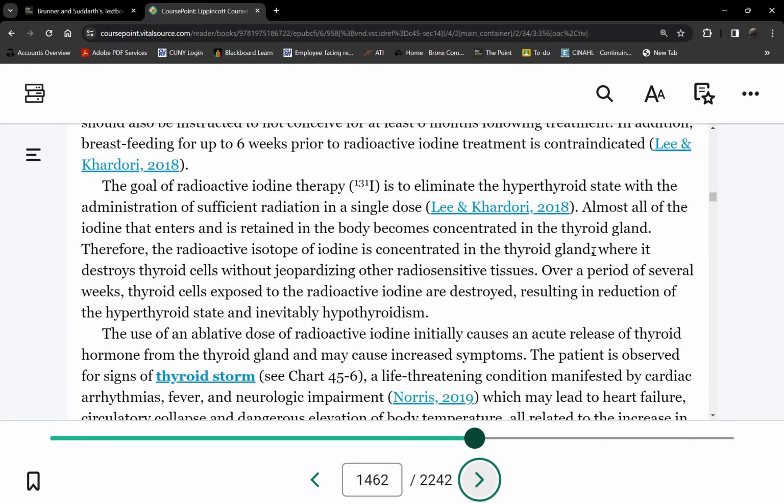So the radiation here will be absorbed by the thyroid gland. Now, it's generally safe because what's the only organ in the body that uses iodine? Only the thyroid gland. No other organ in the body uses iodine. So if you swallow the radioactive iodine, where will it go? Into the thyroid gland, destroying it.